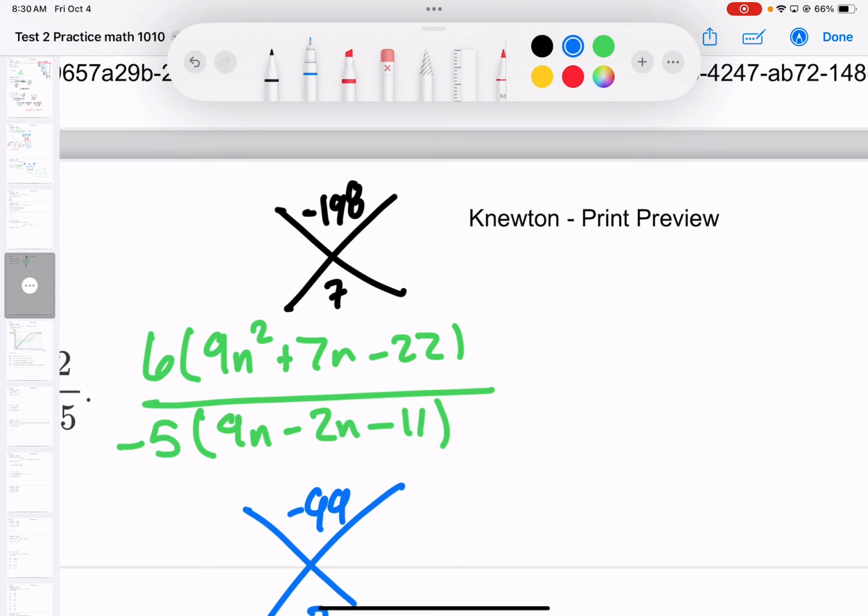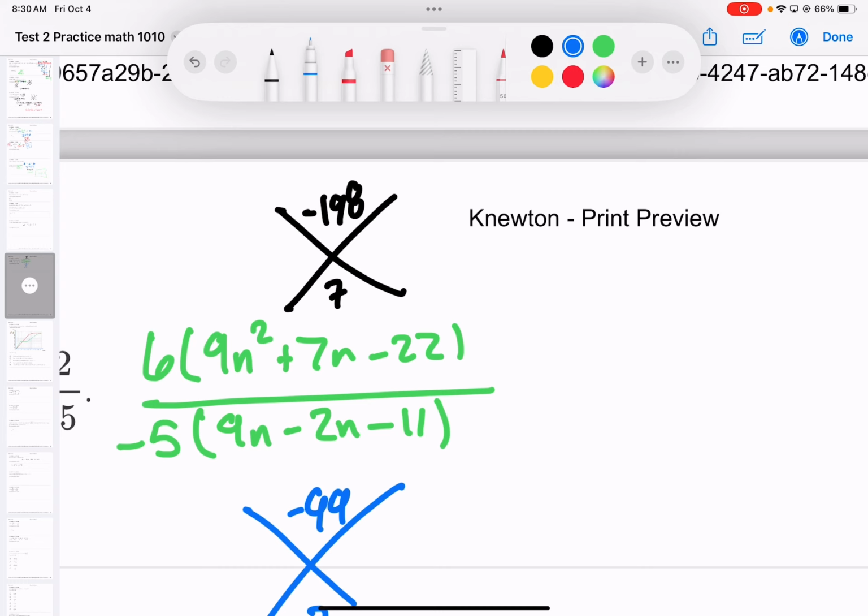Let's divide it by 16. Nope. Let's go divided by 12. Nope. Is it divisible by 8? It's divisible by 9. Well, we just did that.